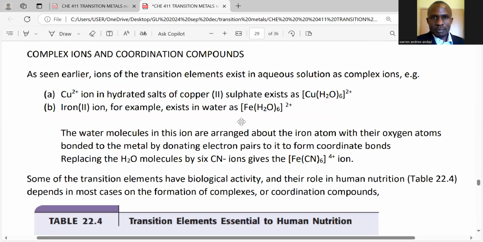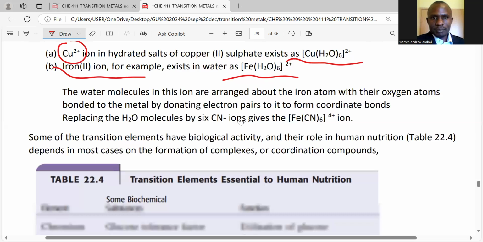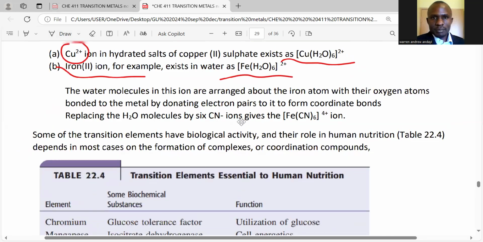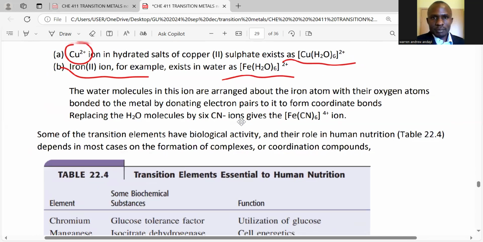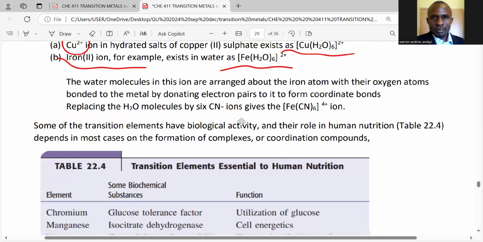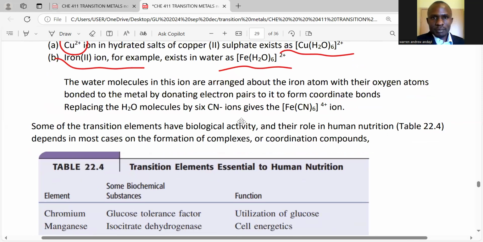So we've already seen copper exists as this complex. Iron also exists as that complex, and you can see they're hydrated complexes. So what we are saying is that water molecules are arranged around the iron atom with oxygen atoms bonded to the metal by donating electrons to form coordinate bonds.